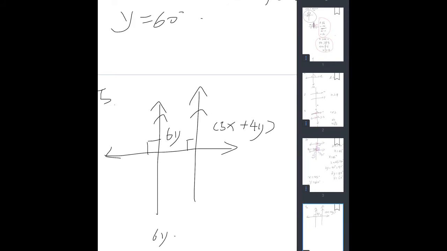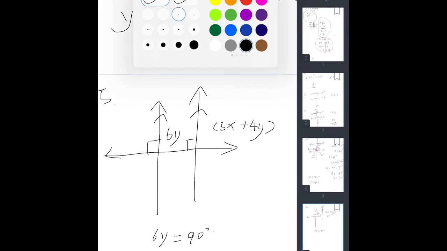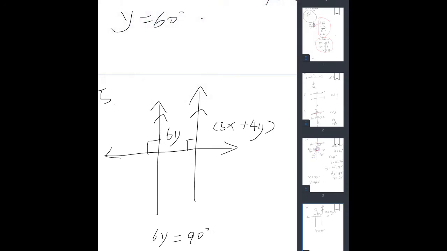Because 6y is equal to 90 degrees. I told you guys, if the 90 degrees is in there, the 6y must be 90 degrees because the angles in there must be 180 degrees. So y is equal to 15 degrees.